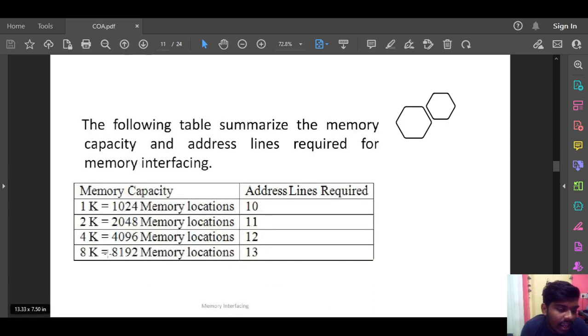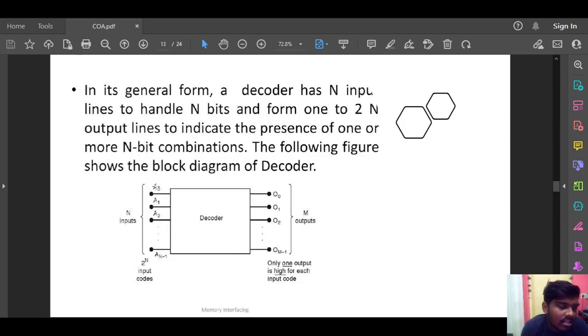If it is 8K, then the address lines are 13, so the inputs are A0 to A12, and likewise for the outputs, only one output is high for each input code, from Y0 to Y(m-1).